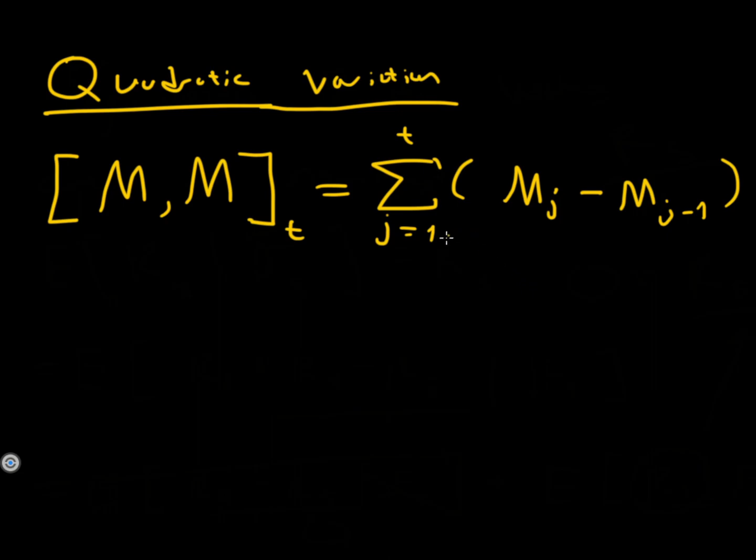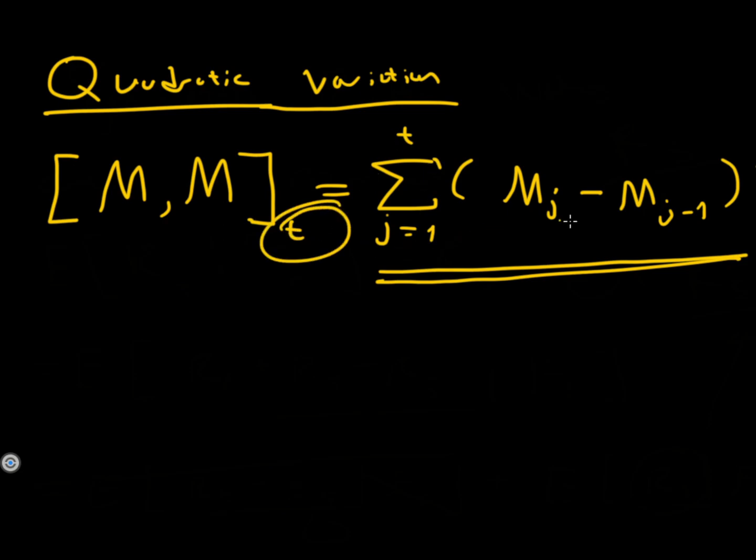Squaring. So yeah, as you can see, quadratic variation comes from squaring. So basically the quadratic variation is the sum up to a certain t value of the increments squared. Now, the quadratic variation for the random walks in this case is t. And we'll look at the quadratic variation for a Brownian motion too later on.